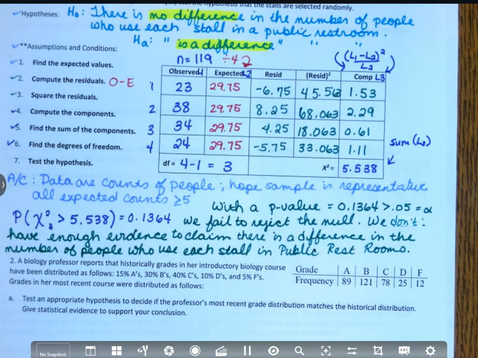What does that p-value represent? P-value says if what? If the null hypothesis was true.